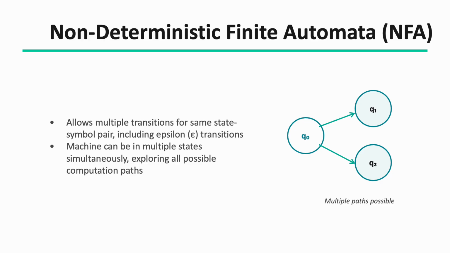After reading A, it can then split again to check for T or R. This way, the NFA can efficiently recognize both words without needing separate machines for each possibility. NFAs are widely used in areas like compiler design, search algorithms, and even artificial intelligence, where flexibility and parallel exploration are crucial.